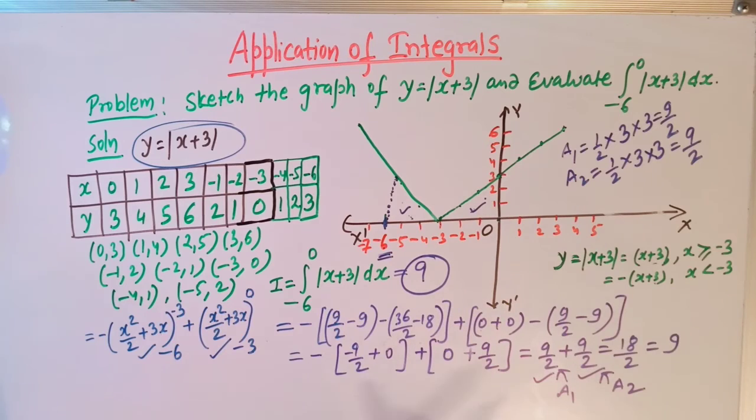So viewers, this is how we can appreciate the actual physical meaning of definite integrals, or in other words, we can say that the application of integrals in finding out the areas bounded by curves, right?